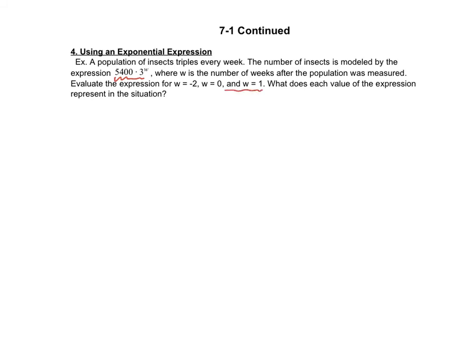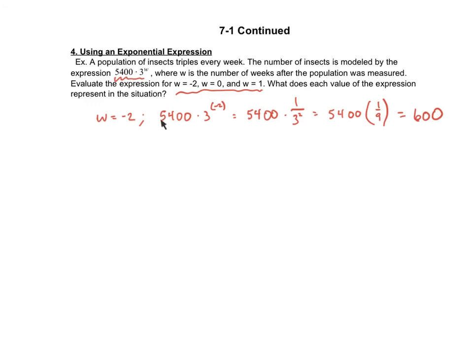Okay, so let's do the first part. Let's go ahead and do our evaluation right here. And when I go ahead and put in W is equal to -2, I've replaced it in my equation that they provided me. So I have 5,400 times 3 to the -2 power. And I'm going to go ahead and just simplify this and express it in a positive exponent. So that would give me 5,400 times 1 over 3 to the positive 2, which simplifies to 5,400 times 1 over 9, which when I do the multiplication, it becomes 600.